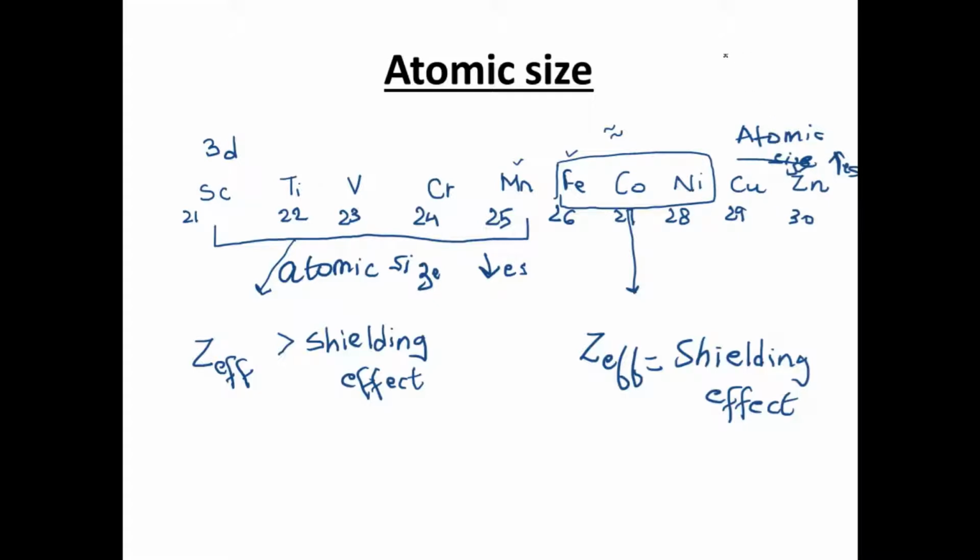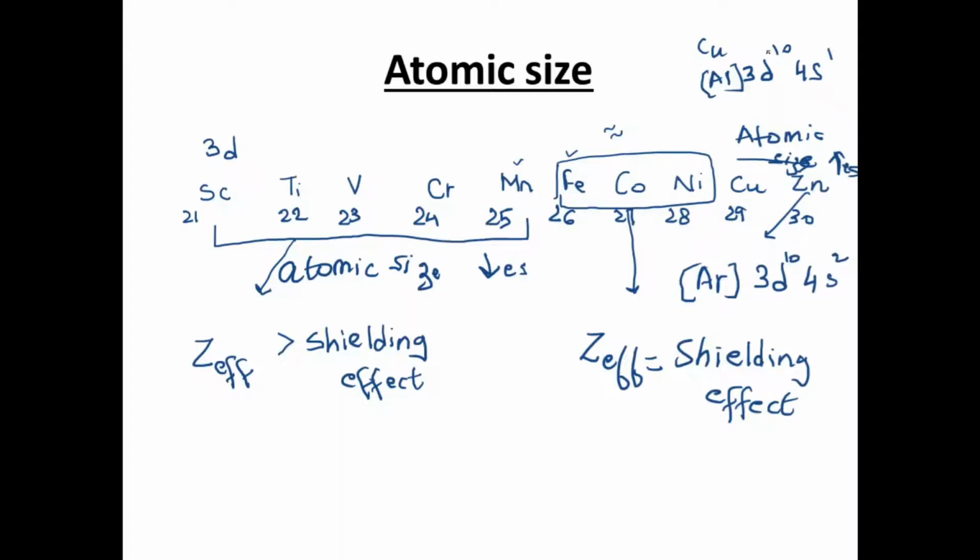The reason is that when we write the configuration for copper, it will be argon 3d10 4s1. And if I write for zinc, it will be argon, where the 18 electrons are completed, 3d10 4s2.